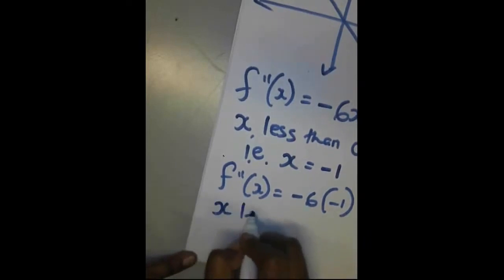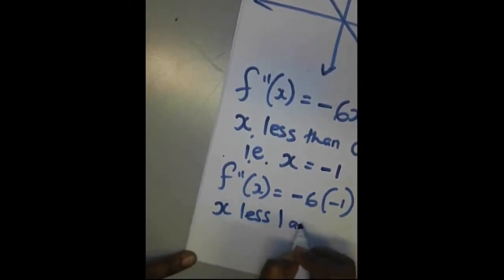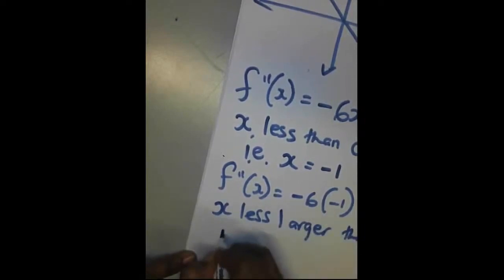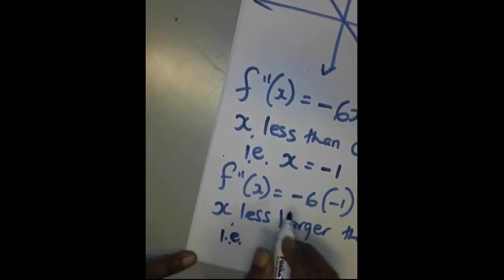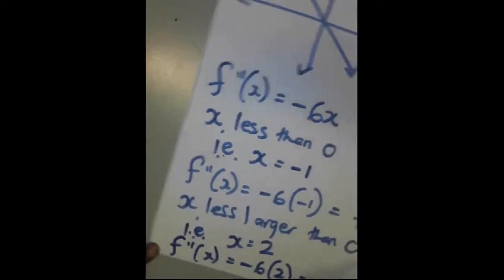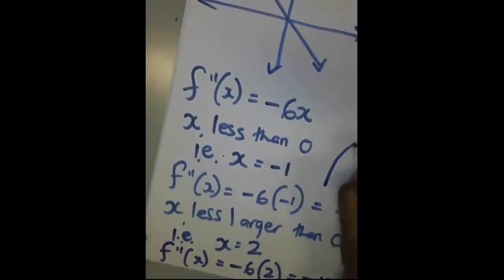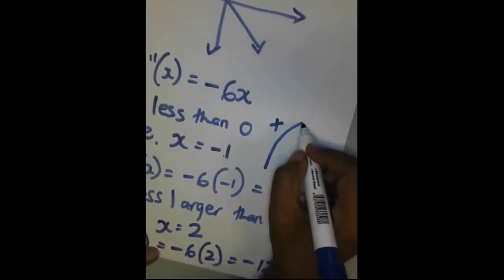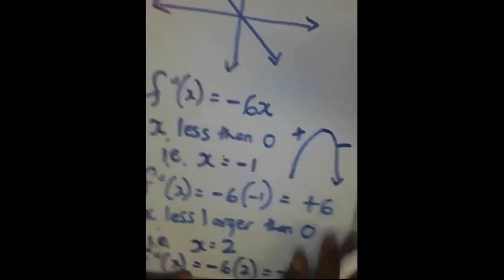If I take x which is larger than 0, a number like x equal to positive 2, then my second derivative is going to be negative 6 multiplied by 2, which is negative 12. So this says that the function is first an increasing function, then it becomes a decreasing function, like I have over here.